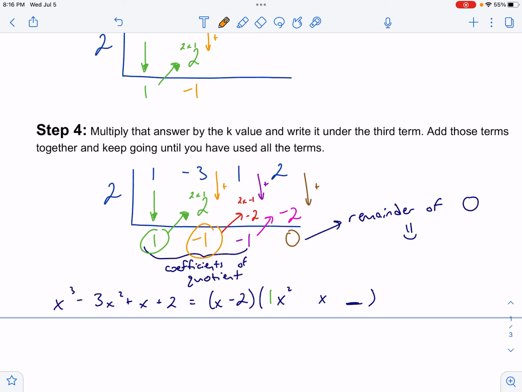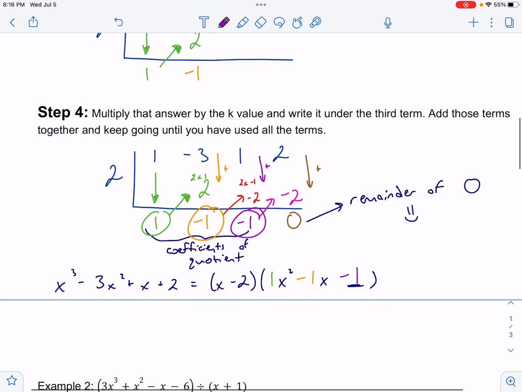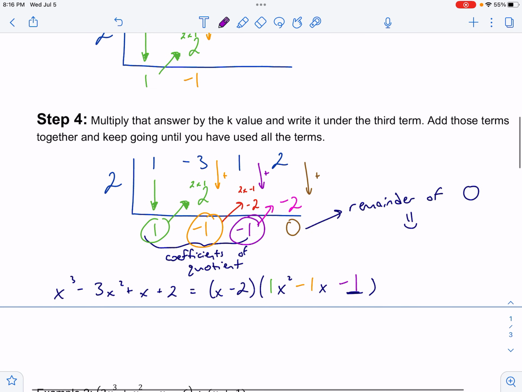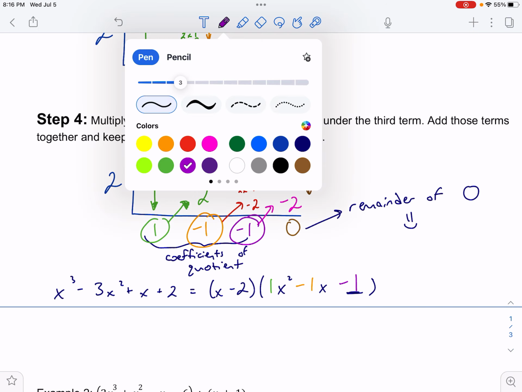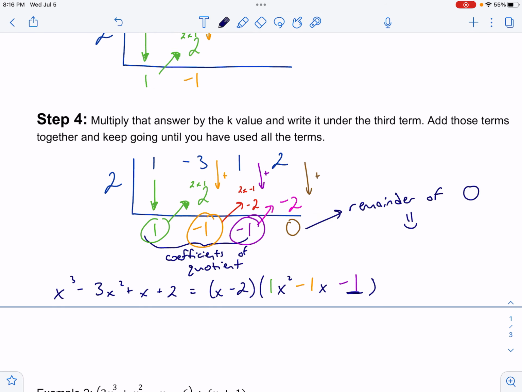My next coefficient is -1, I drop a -1 there. My last whole number in this case is -1, drop a -1 there. So my quotient is x squared, take away x, take away 1.